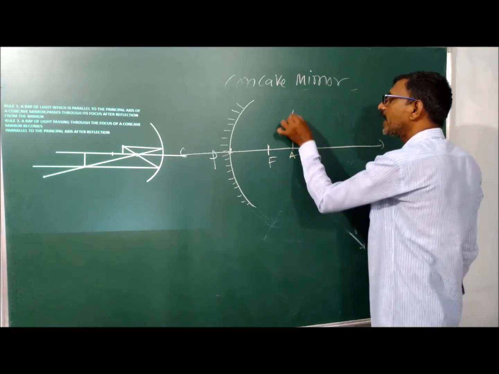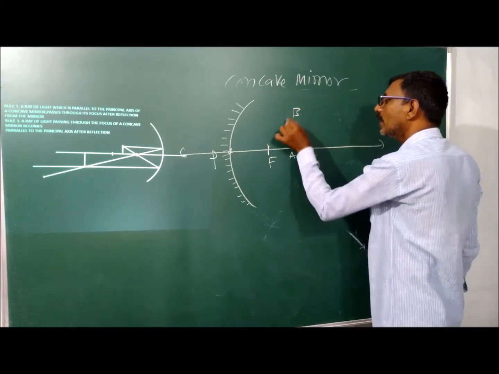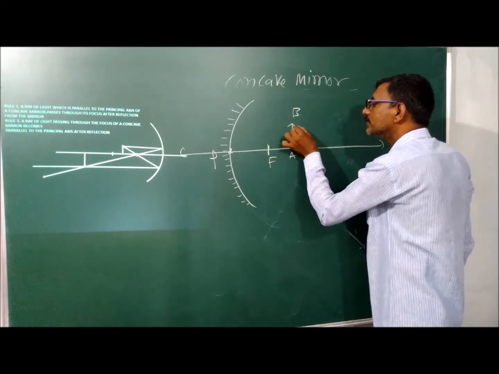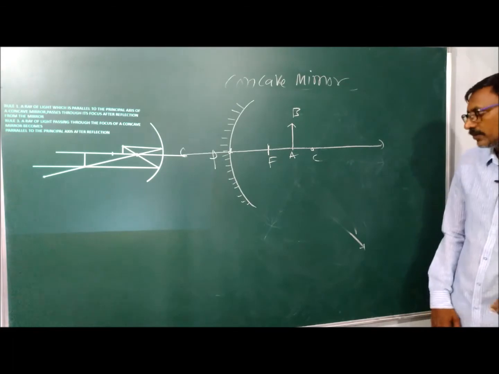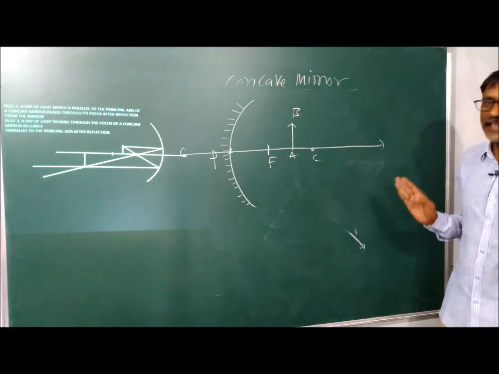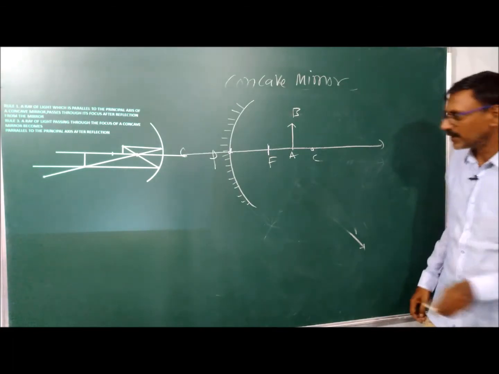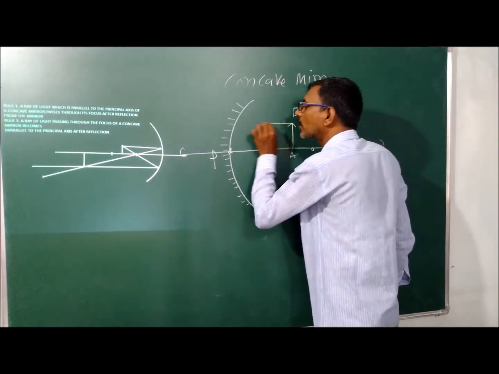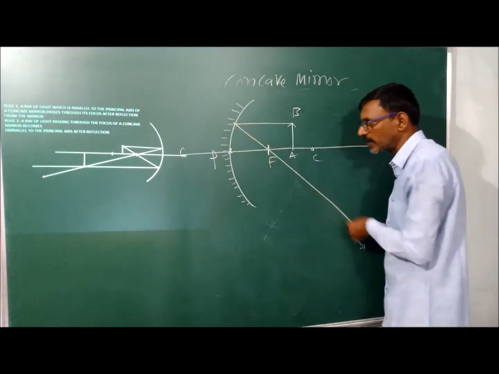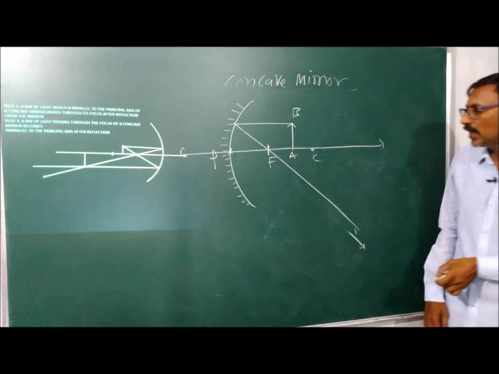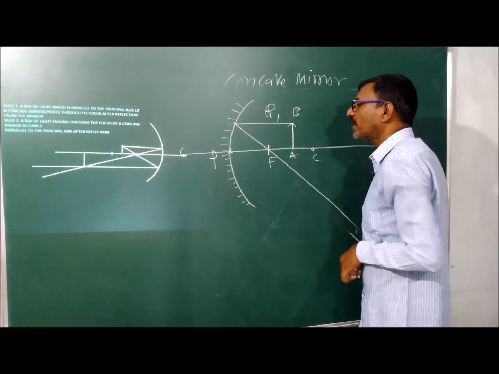This is say AB. This is my head and this is my tail. Once again I am using the first rule always. If a light ray travels parallel to the principal axis and bounces back passing through the focus, I always call it R1.